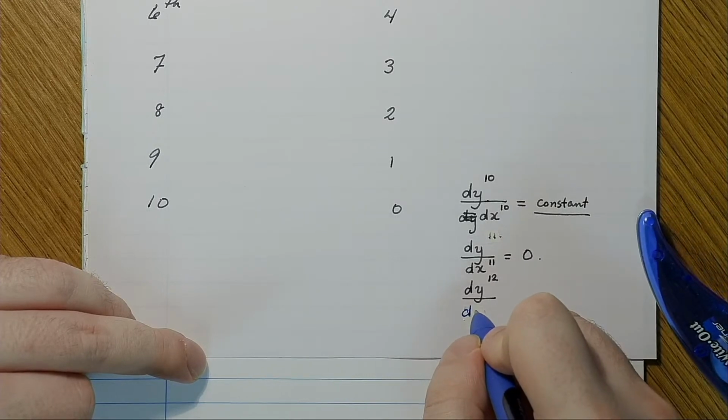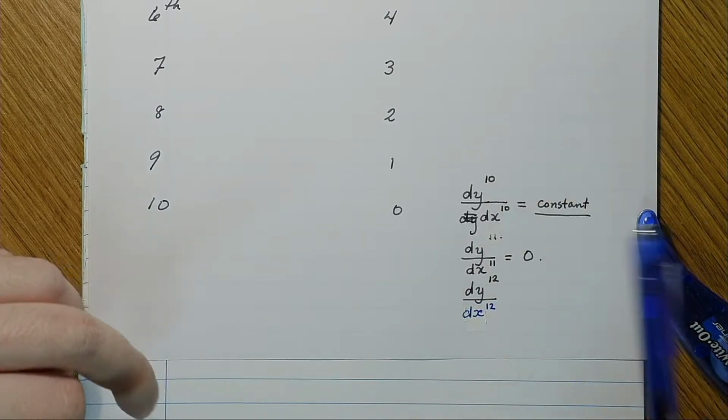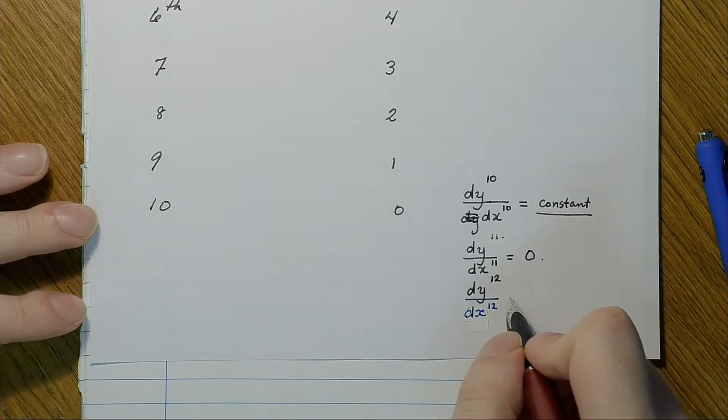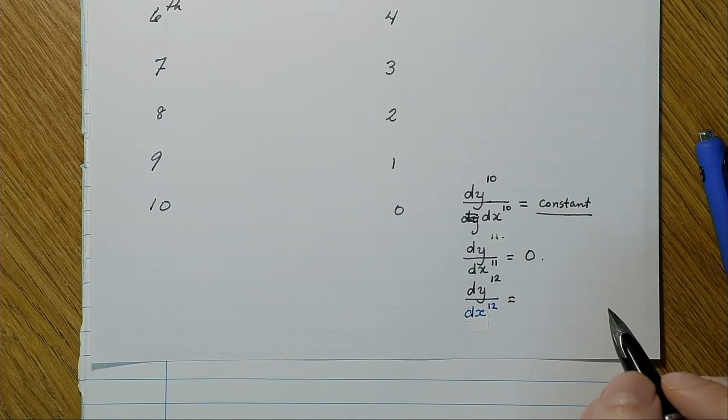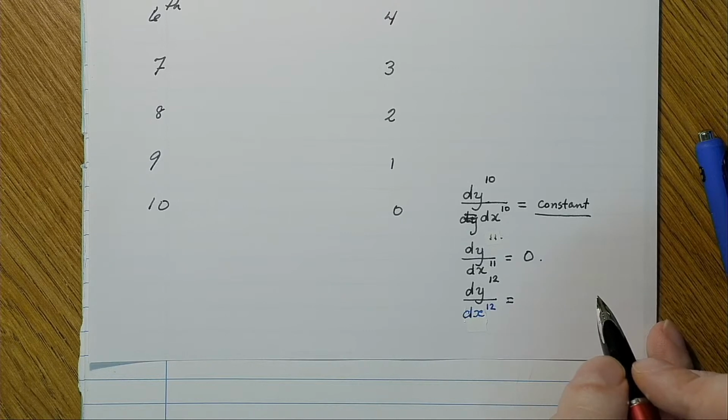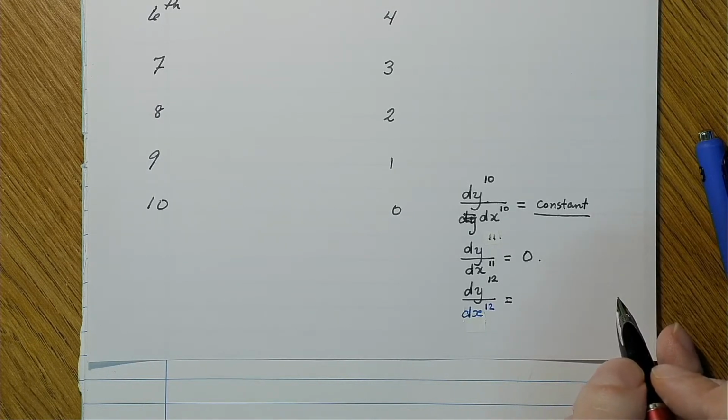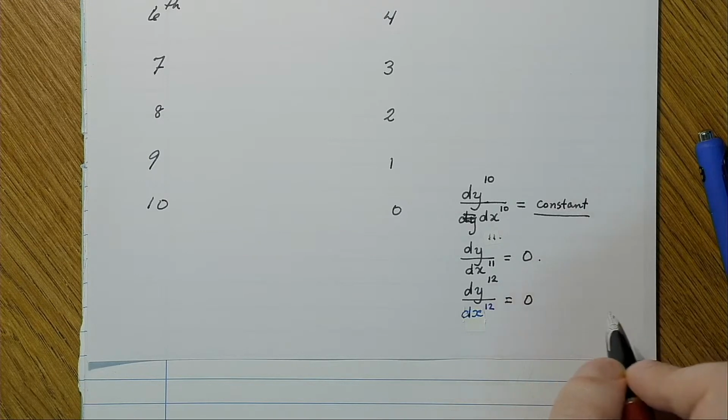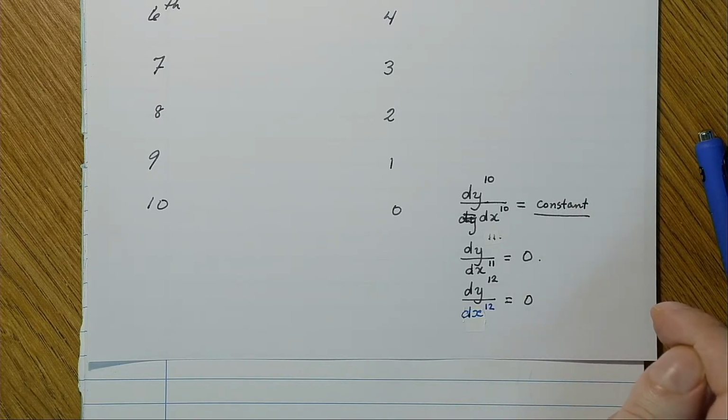So if I take the derivative again, what does that equal? Yep, it's still 0, because the derivative of no change is still no change. So there's no change, no change, no change.